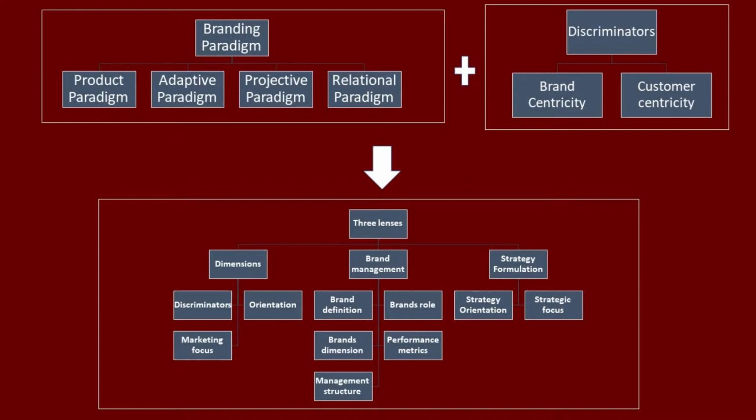The second lens reflects the essential basic elements of brand management, which provides information on the brand's role, brand's dimension, performance metrics, and management structure needed to execute. The third lens is based on strategy formulation and gives details on strategic orientation and strategic focus.